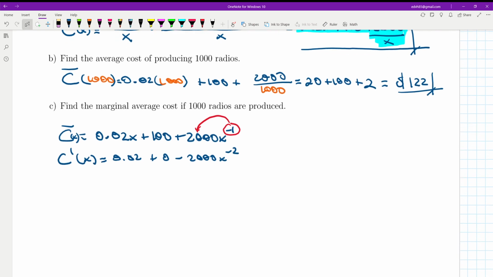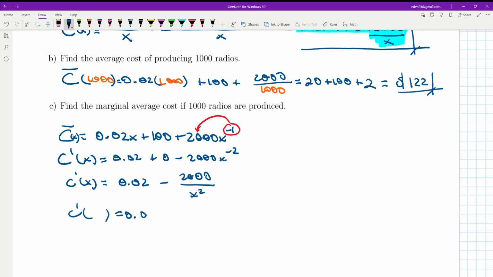Let's clean up this expression, because you may not want to work with negative exponents, and clear that 0 there. c bar prime of x will be 0.02 minus 2000 over x squared, which is already reduced.